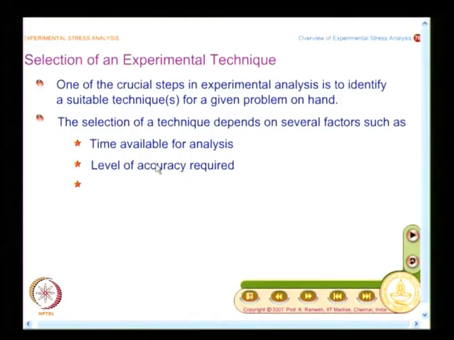On the other hand, if you want to do online monitoring, then even the pasting of strain gauges will require more time, but you may allow the strain gauge to remain on the structure for months together. Particularly in civil engineering, for bridges, they do such studies over a period of time. So, time available and level of accuracy required, both are important.